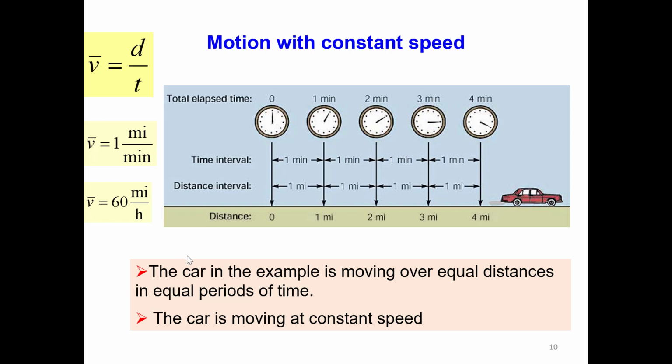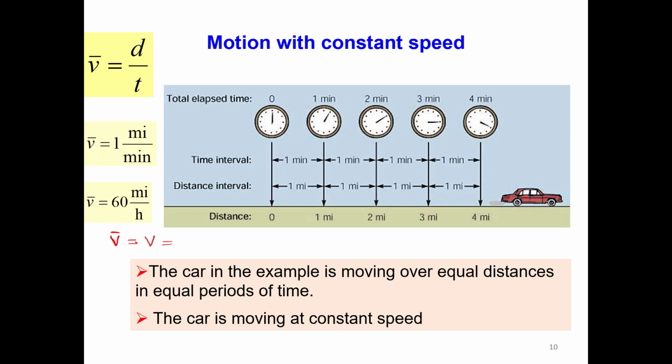If this car is moving at constant speed, because it's always the same, it's not going to change, then sometimes when we are talking about constant speed, we can say the average speed equals a constant value. We can use this only in the case when the object is moving at constant speed, because it's always the same.